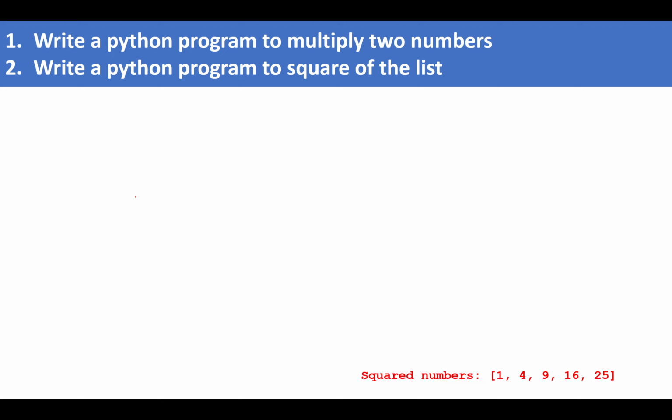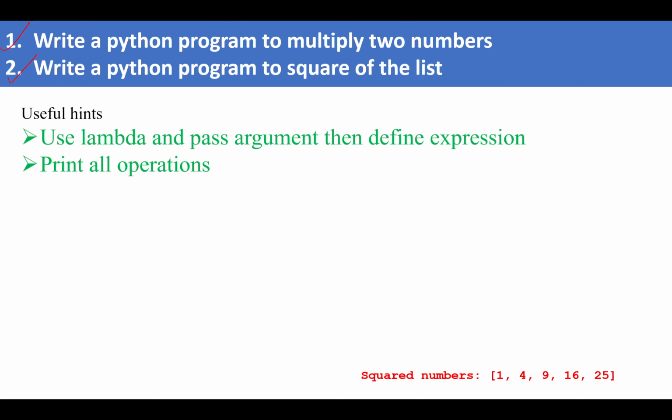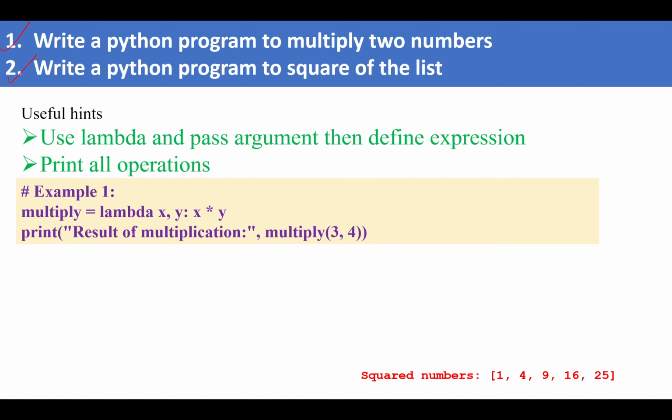One problem is to write a Python program to multiply two numbers. I will discuss this problem, and after that I will also discuss how to square a number using a lambda function. First, here is a useful hint for writing the Python code.